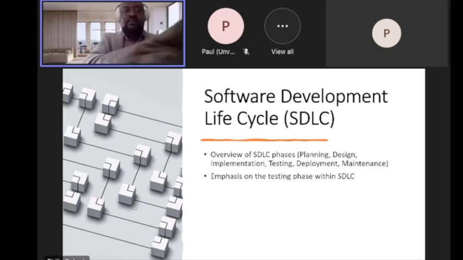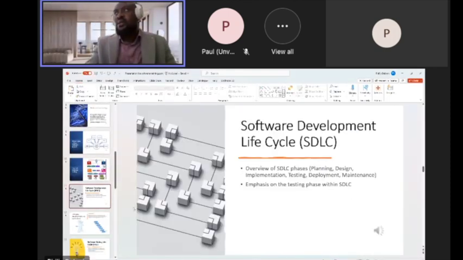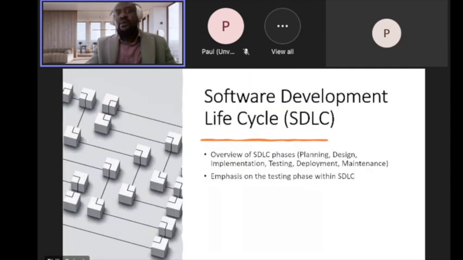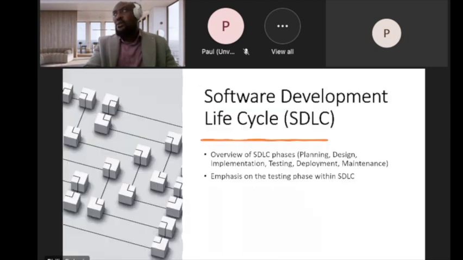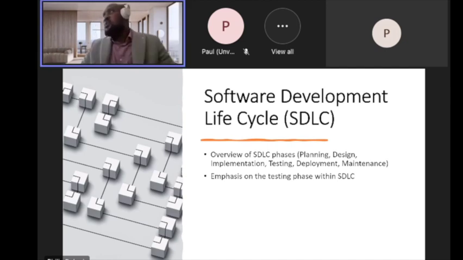I think for certain reason it keeps... Okay, so when we're going into software, sorry about that. I think the slides keep moving up, and I'm not sure why it's moving up.